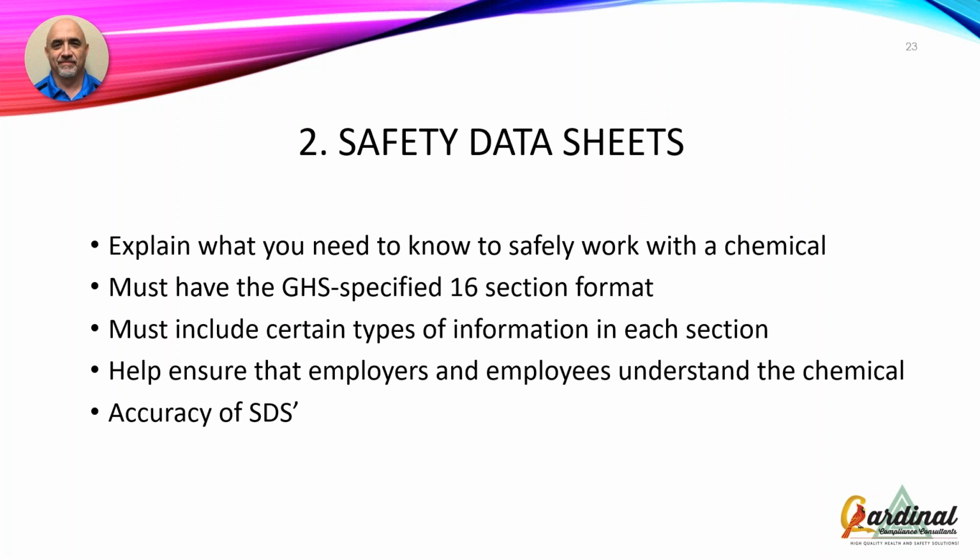First thing that they did is they made them into a standard 16 section format. So now I know that if I want to look at hazardous components, I go to section 3. If I want to look at PPE, I believe that's section 9. So it just makes it a lot easier for us to find the information that we need.